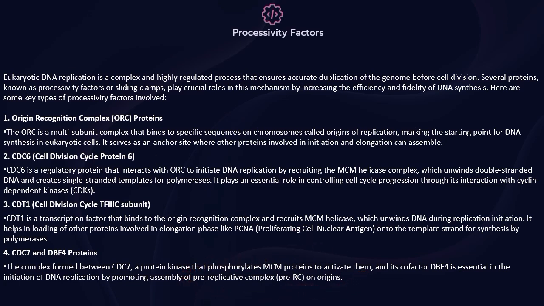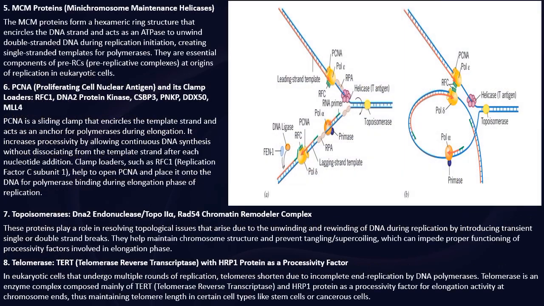The next processivity factor is MCM protein, which stands for mini chromosome maintenance helicase. As I mentioned, it is a hexameric ring protein. It plays a crucial role in unwinding the DNA so that the DNA polymerases can act on single strands and create a new double-stranded DNA in a semi-conservative way.